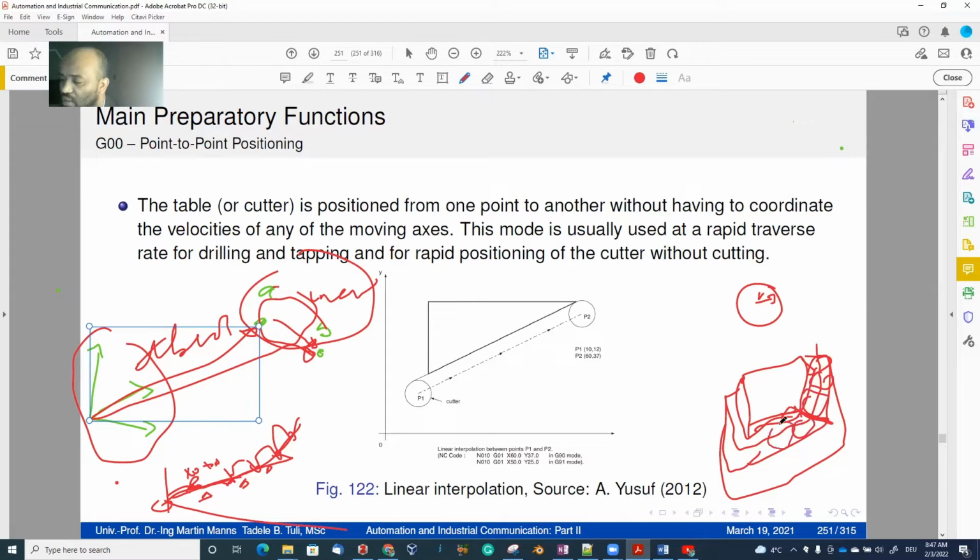This means the tool radius was compensated, as you see here. In order to cut at this edge, you have to have an offset of the tool radius. Either you let the machine automatically consider it to compensate your tool, or you have to program it: you add on your path points, or ask the machine to consider tool compensation.